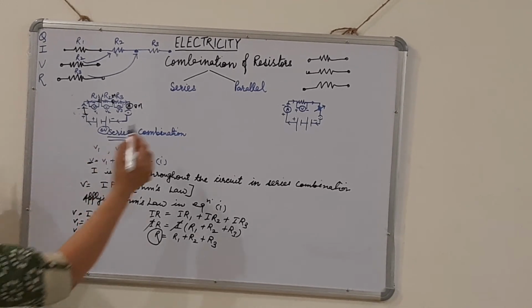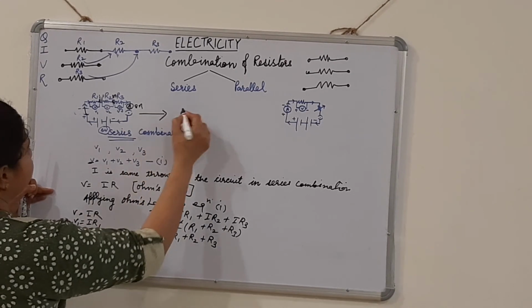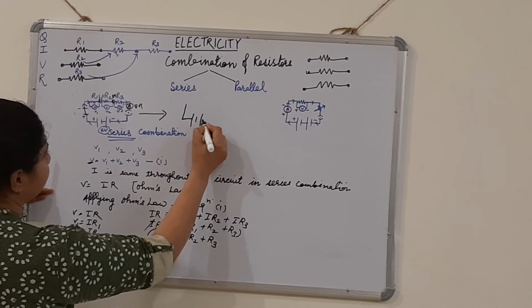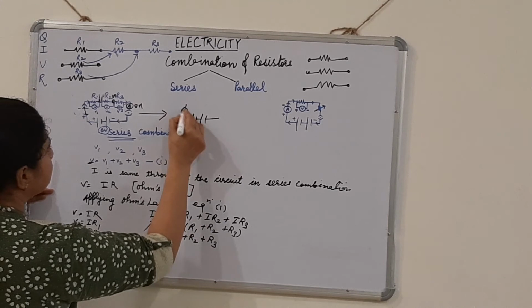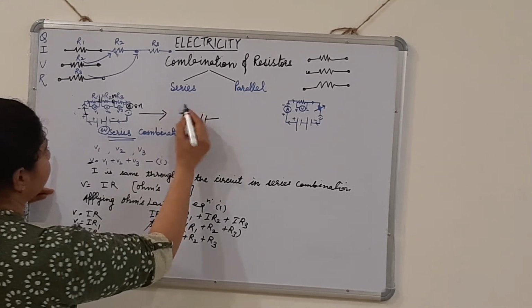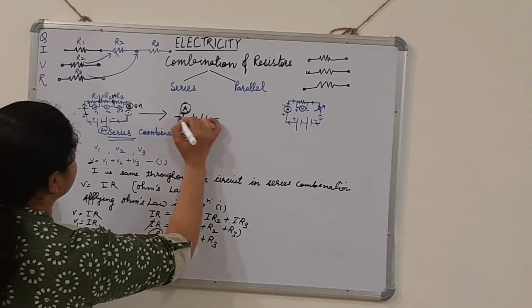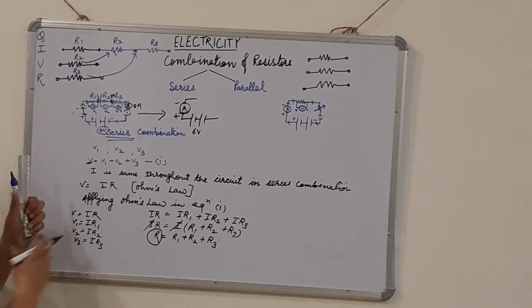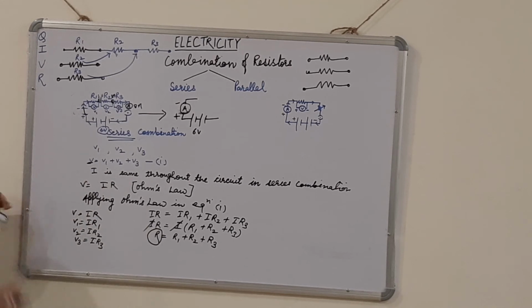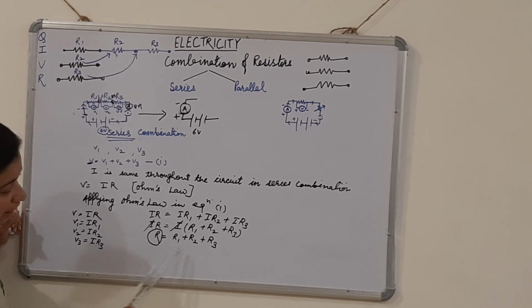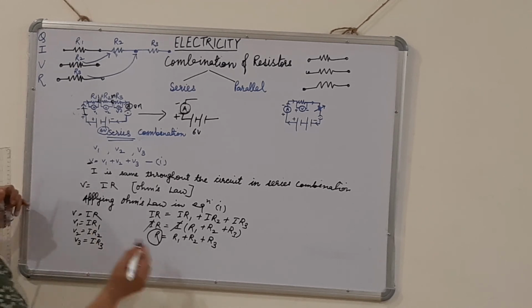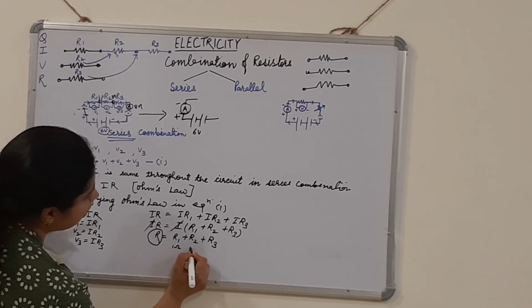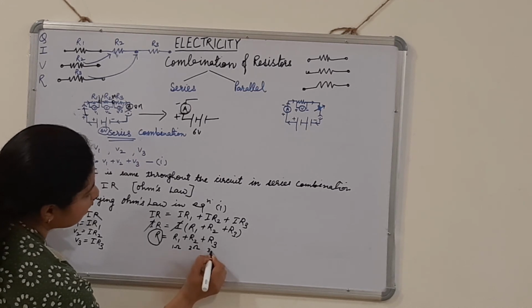Suppose in this same circuit, children, this is a 6-volt battery and this is your ammeter, with positive and negative ends. Now, in place of using these three, if I want to use one resistance, what should be the value of that? That should be equal to the sum of these three resistors. Suppose R1 is 1 ohm, R2 is 2 ohm and R3 is 3 ohm.